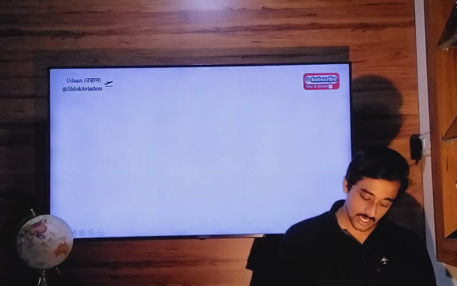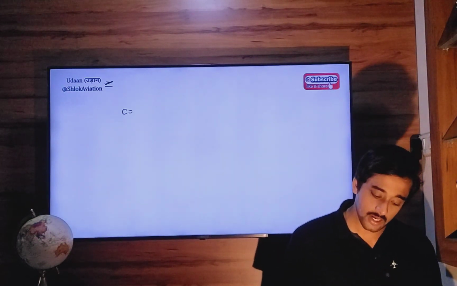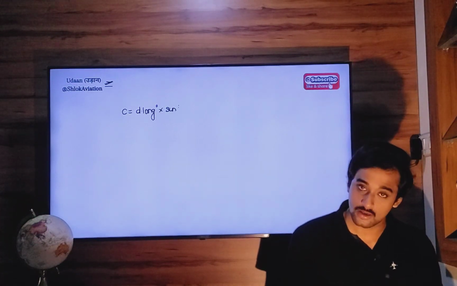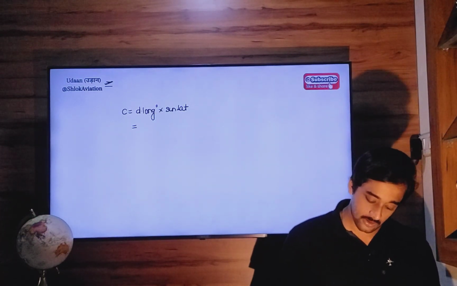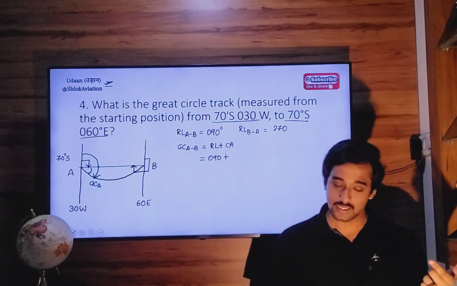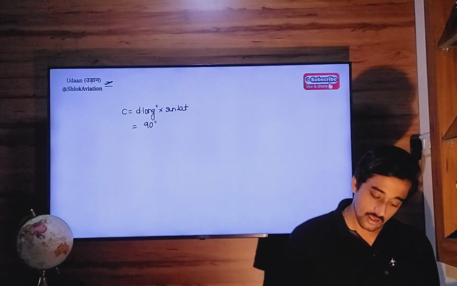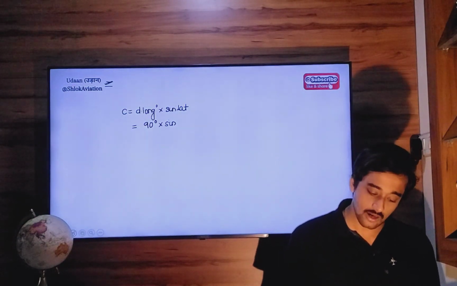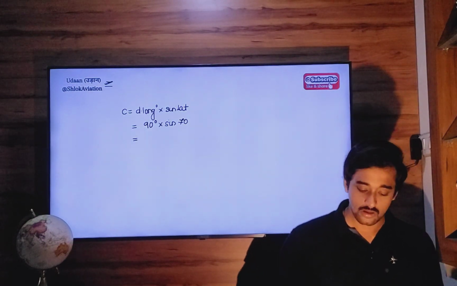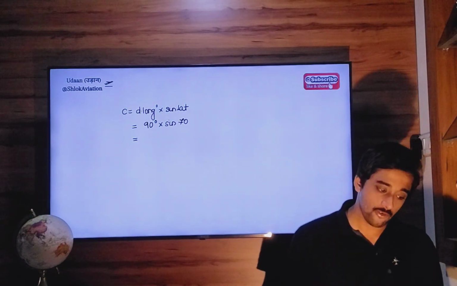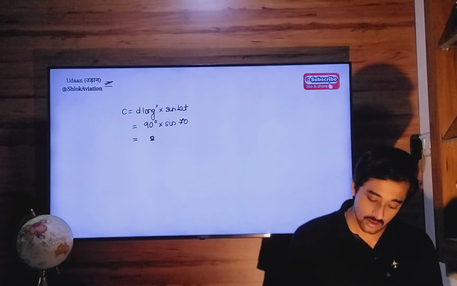What is convergency here? Convergency is nothing but d long in terms of degree into sine of latitude. So what is the difference between the longitudes here? 30 west and 60 east. So 60 and 30 is 90. Latitude is 70 south. So sine 70 into 90 is 84 degree 34 minutes.